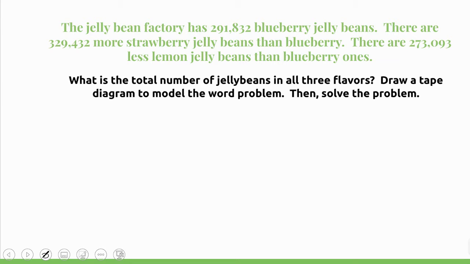There are 329,432 more strawberry jelly beans than blueberry. There are 273,093 less lemon jelly beans than blueberry ones. So what is the total number of jelly beans in all three flavors? You're going to draw a tape diagram to model, and you're going to then solve the problem. So go ahead and try that one on your own.